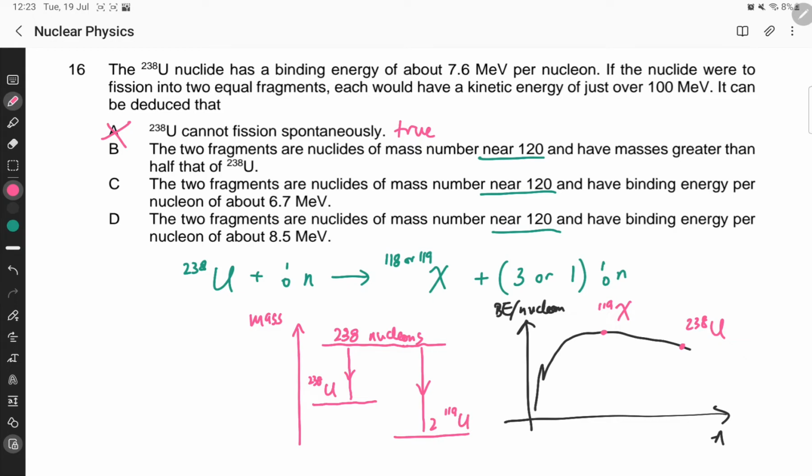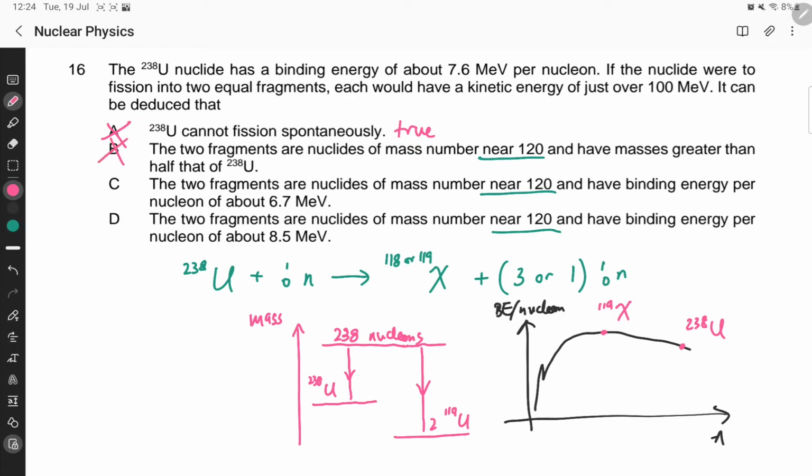This is why binding energy is used to figure out whether energy is given out or not, because we are comparing the mass energy through the lens of binding energy. So since the binding energy of X is greater, X must have a greater mass defect, X must have lesser mass, and thus statement B is false.